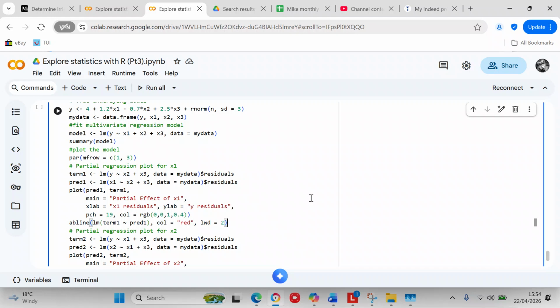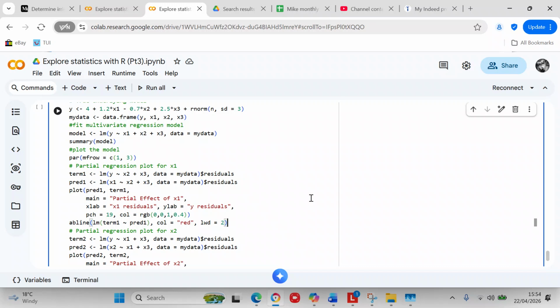main is the title of the plot, being "Partial effect of x1". xlab is the label on the x-axis, being "x1 residuals". ylab is the label on the y-axis, being "y residuals". pch is the type of the dot, 19. col equals rgb(0, 0, 1, 0.4).